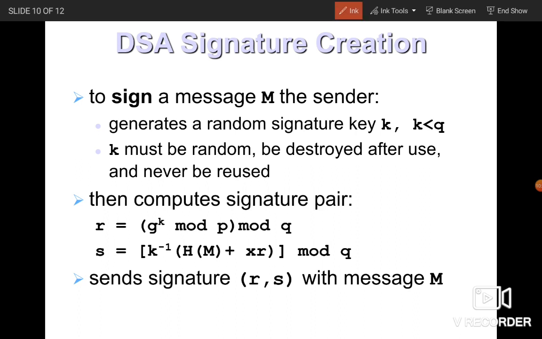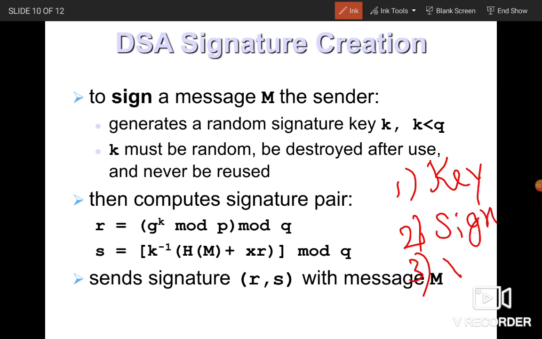So now we move on to DSA signature creation. We have 3 steps in every digital signature algorithm. One is key generation, the other one is signature generation, and the other one is signature verification. Okay. So the second step is DSA signature creation.